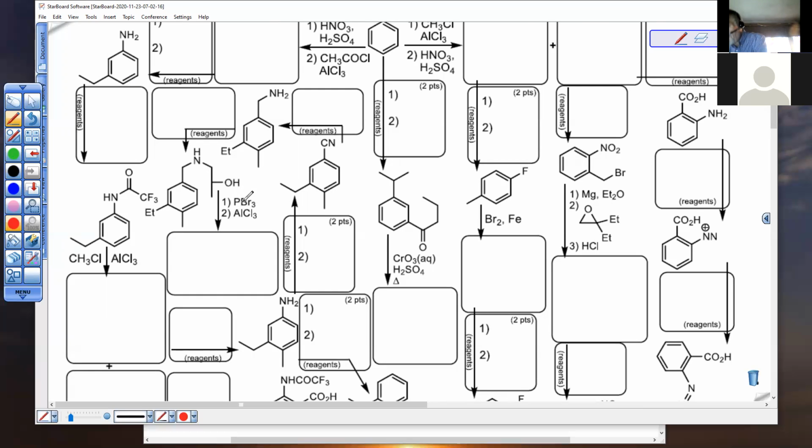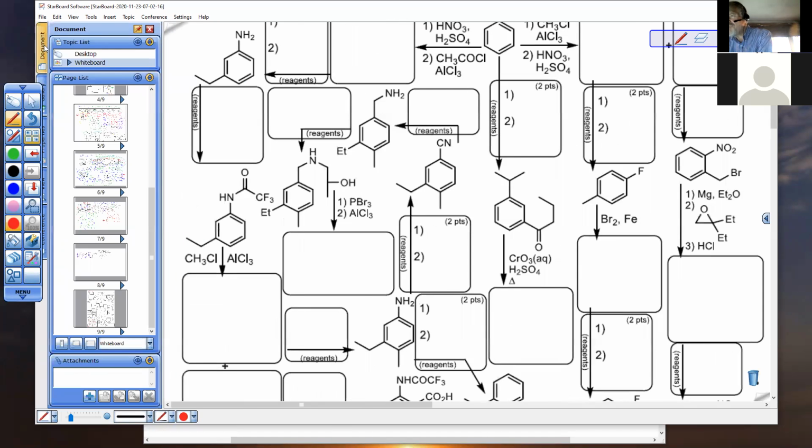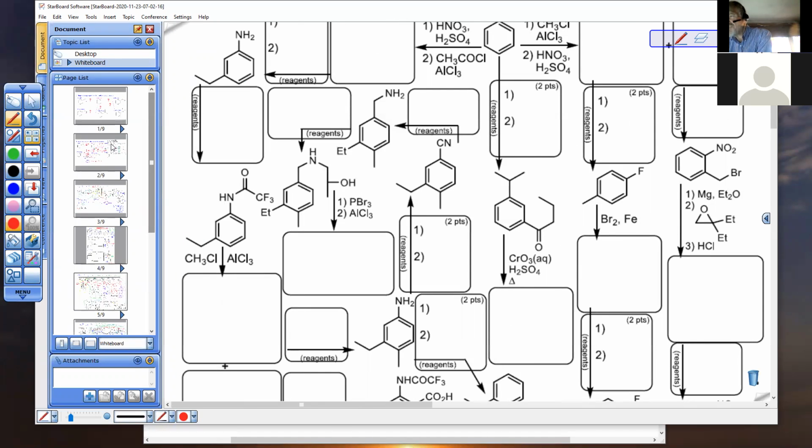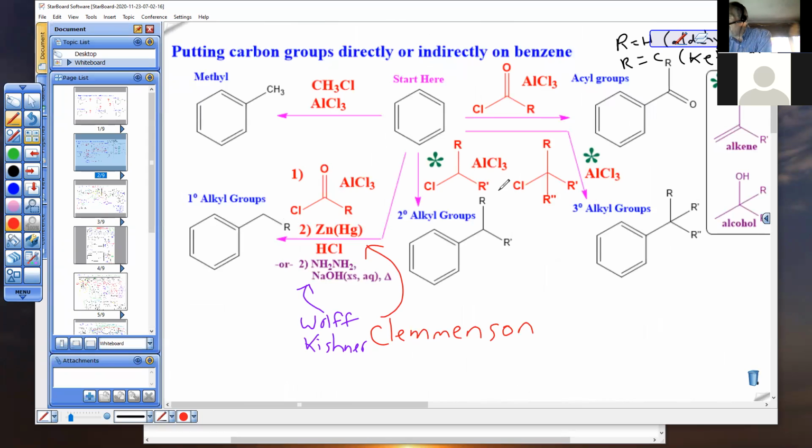So a bromine goes here, and then aluminum chloride takes a secondary alkyl chloride, like just look at page 1 today, or page 2, because that's where we had the answers. How do you put a secondary carbon group on benzene? Carbon with a halogen, doesn't have to be chlorine, it can be bromine. And an aluminum chloride catalyst makes a bond between the benzene and this carbon.